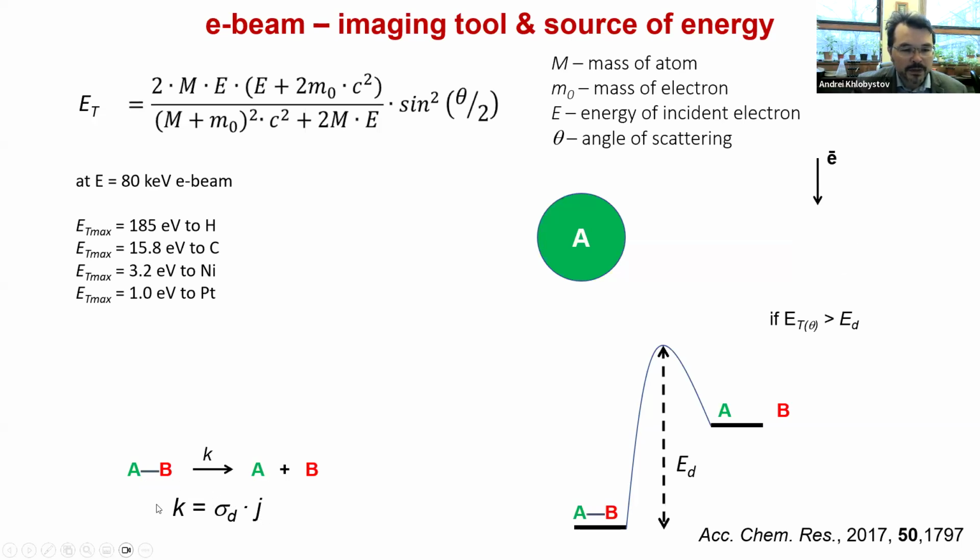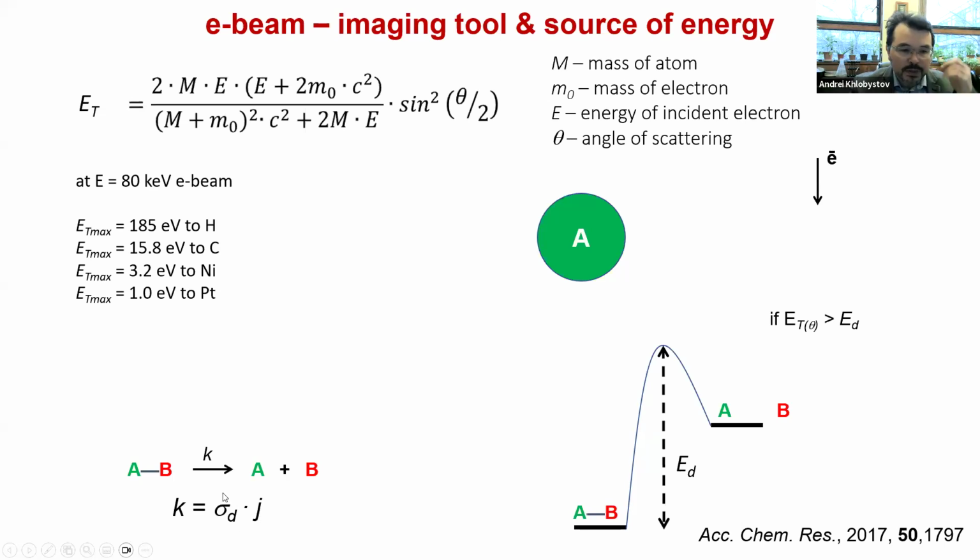Instead of the traditional Arrhenius equation that we all used for thermally activated reactions, here we need to know about the flux of the electrons J, or dose rate of the electrons. This is something that we control very easily by the brightness knob on the TEM.